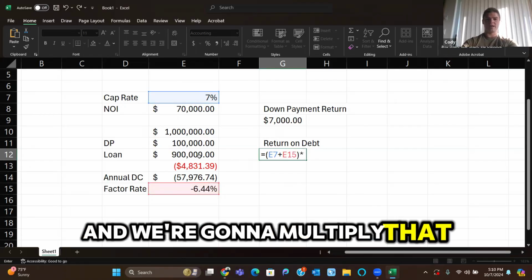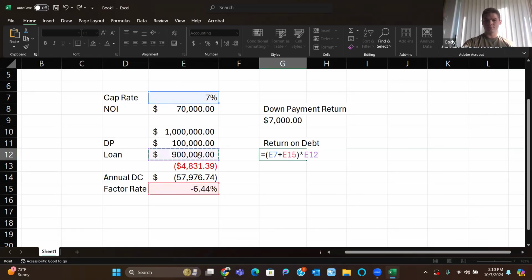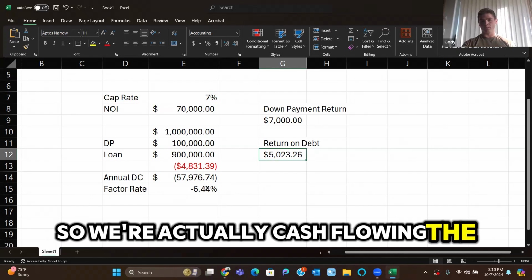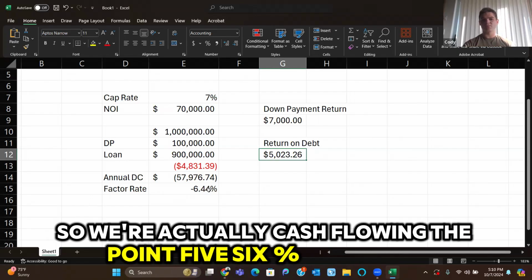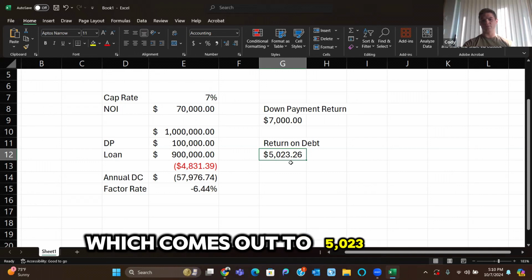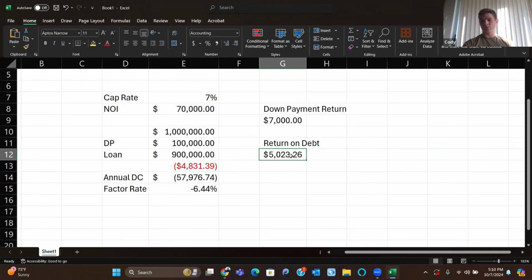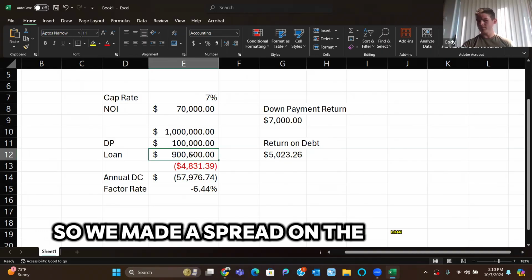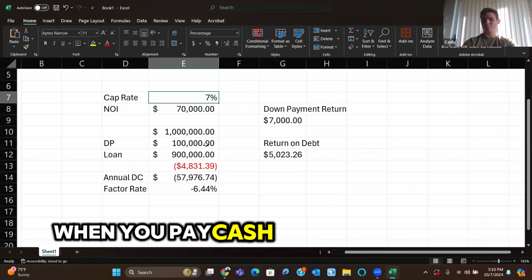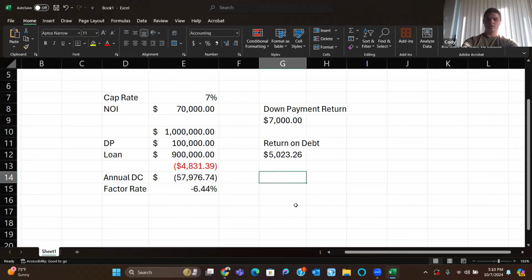And we're going to multiply that spread by however much we borrow. So we're actually cash flowing the 0.56% on 900,000, which comes out to $5,023. So we made a spread on the loan, and we earned our cash on cash return when you pay cash on the portion of the deal that we paid cash.